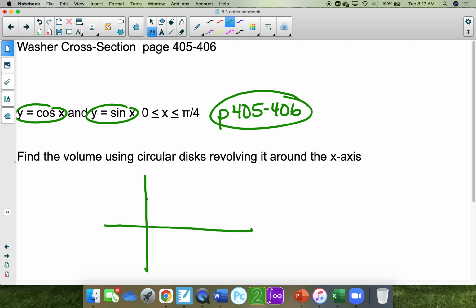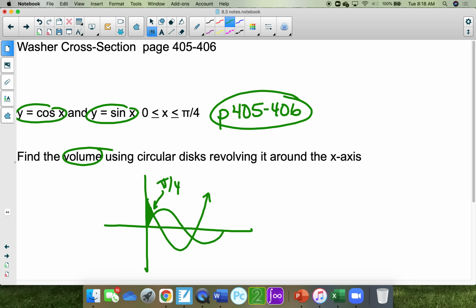A cosine graph looks like this, and a sine graph looks like this. And you only want to go from 0 to pi over 4, which would be this spot right here where they intersect.